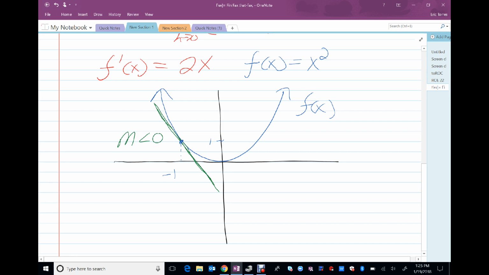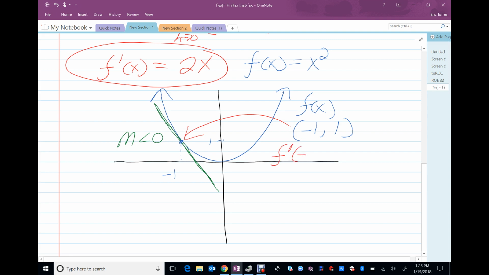According to what I just calculated, and let's do one more. Well, that's good enough. So I can give you some information now. F of negative 1 was 1, so I have a point. And now, according to this formula, I could find the slope of the tangent line at this point simply by plugging it into my derivative formula.